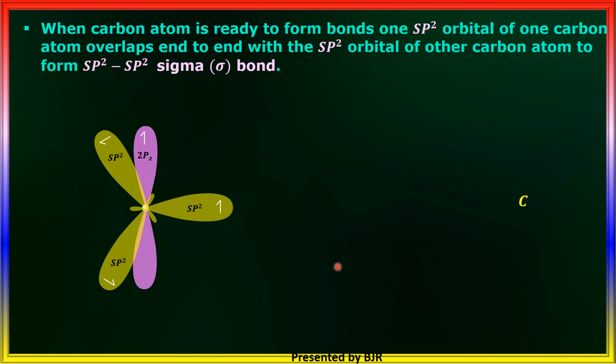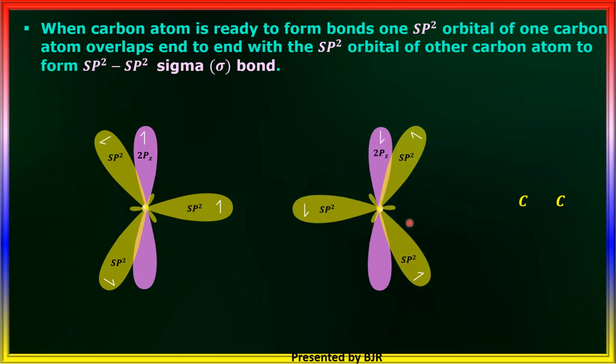Okay, here is another carbon atom. In this also three sp2 hybrid orbitals are there containing one unpaired electron in each, and there is one unhybridized orbital called 2pz orbital containing one unpaired electron.